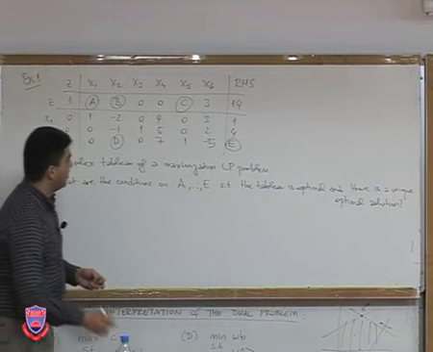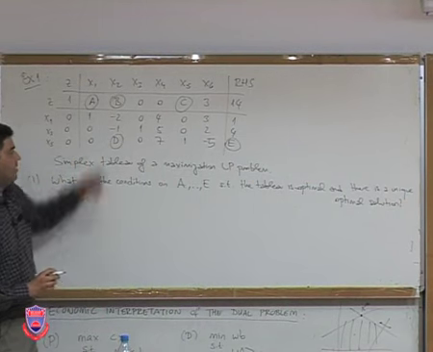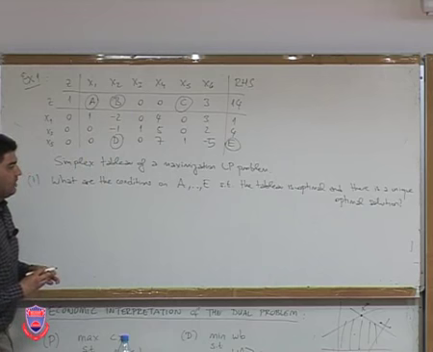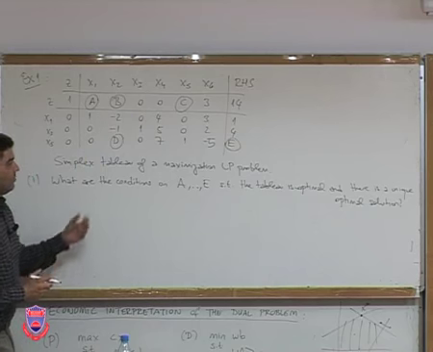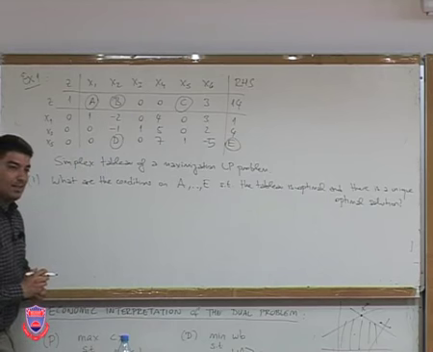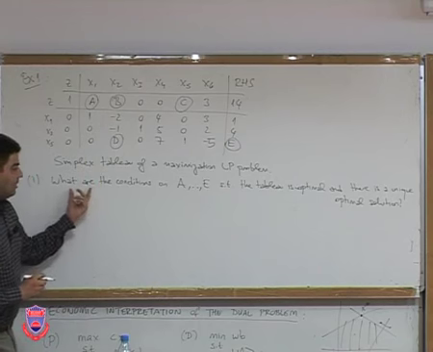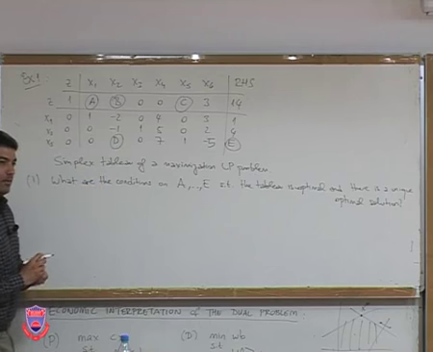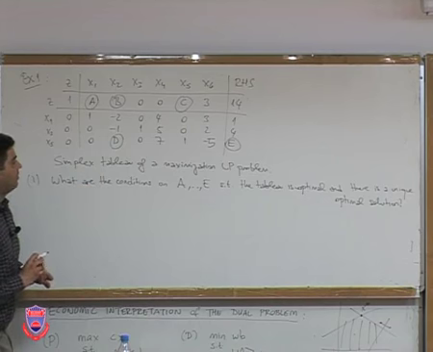So what are the conditions that should be satisfied by each of these letters, A, B, C, D, E, such that the current tableau is optimal and there's a unique optimal solution? In other words, what are the possible values A through E can take so that the current tableau will be optimal and there's going to be a unique optimal solution?